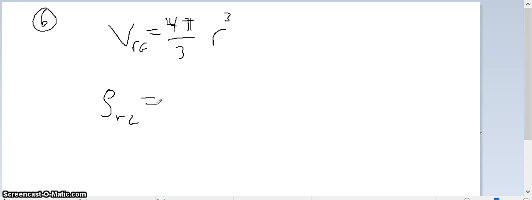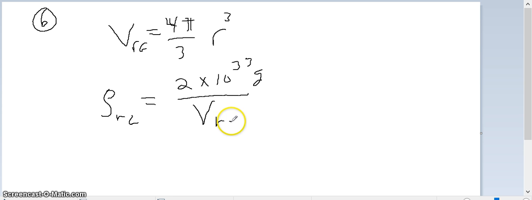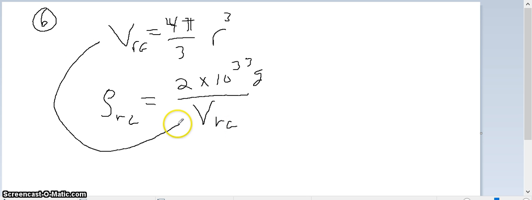Remember, the mass of the sun is 2 times 10 to the 30th kilograms, so that would be 2 times 10 to the 33rd grams divided by the volume of the red giant. And of course you just figured that out by using the radius of the red giant.